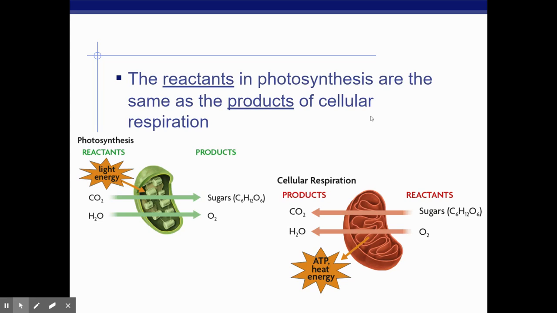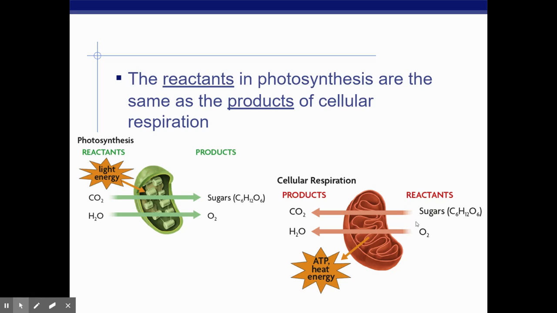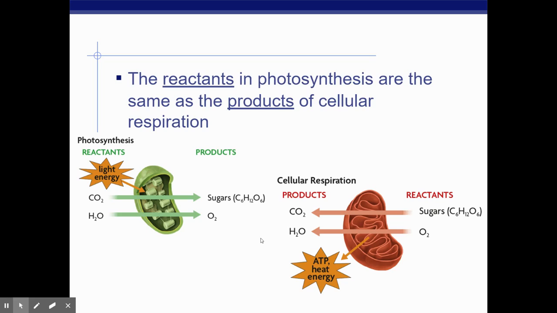The products of cellular respiration you can see here in the middle are CO2 and H2O, the same as the reactants for photosynthesis. And then the products of photosynthesis are actually also the same as the reactants for cellular respiration. Okay. So they're very closely related, and this is how we can cycle carbon dioxide and oxygen through the planet, through these two processes.